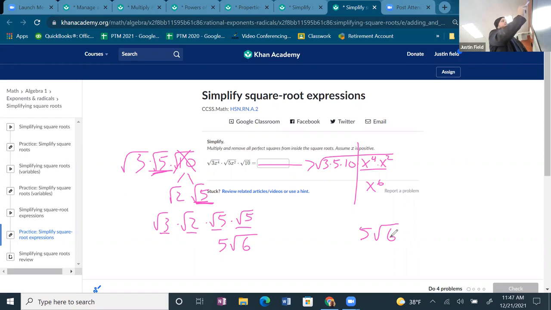And then x to the 6th, where does that go? Well, x to the 6th, if we're trying to break that down into perfect squares, that would be x squared times x to the 4th. I mean, do I have to do that? How many squares?